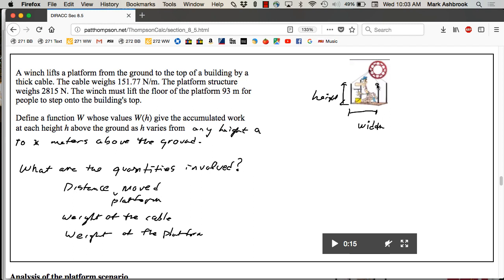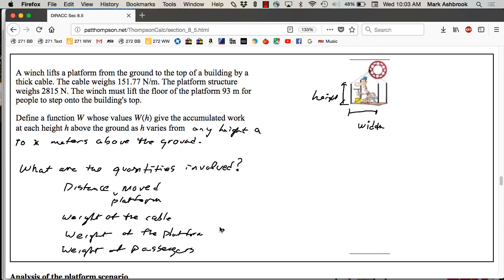I don't think we know that, but weight of the people, weight of passengers. Okay. Yes, sir. Okay, gravity. What about gravity?